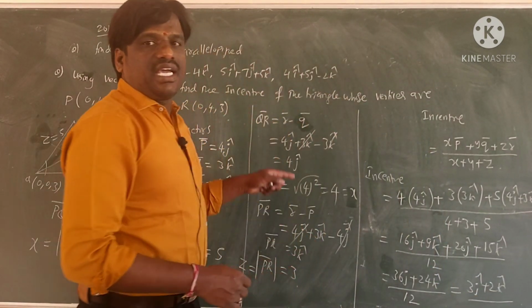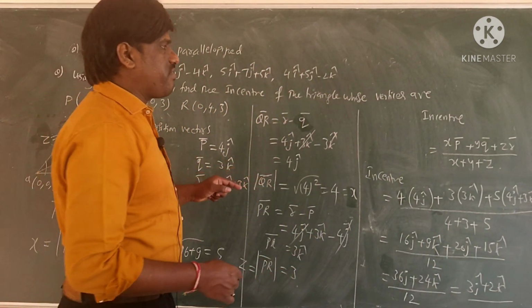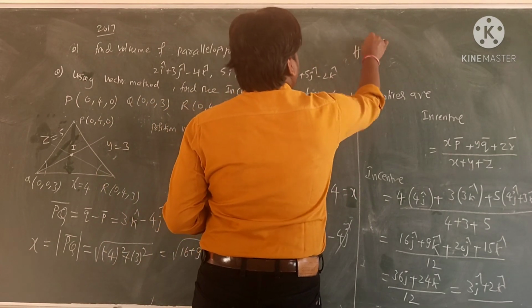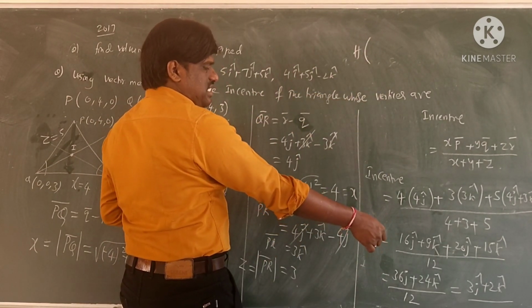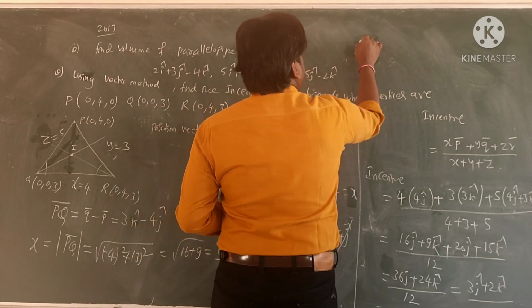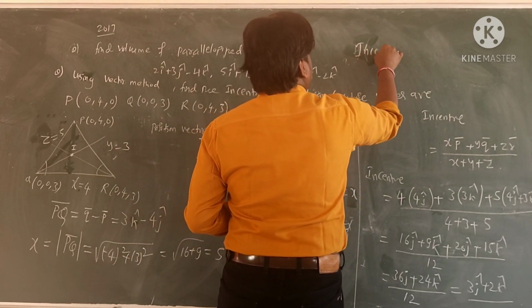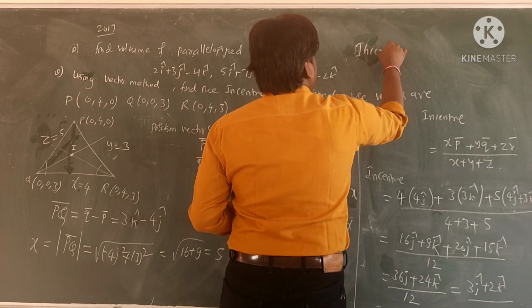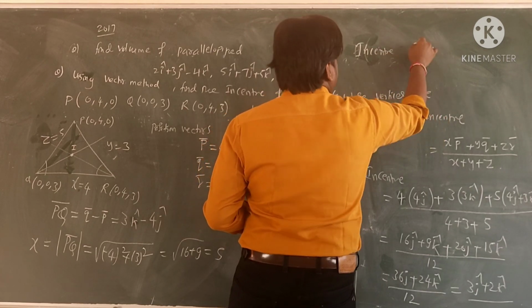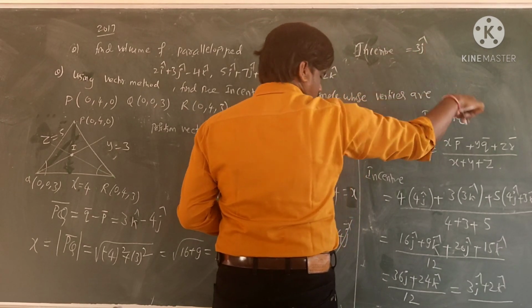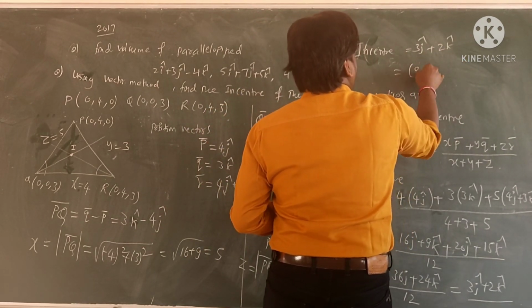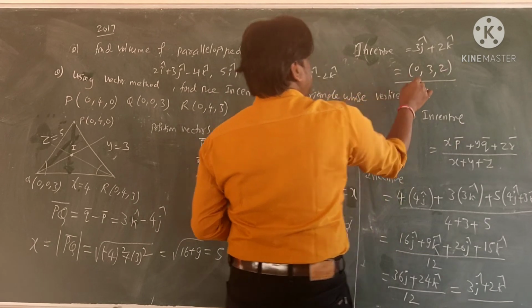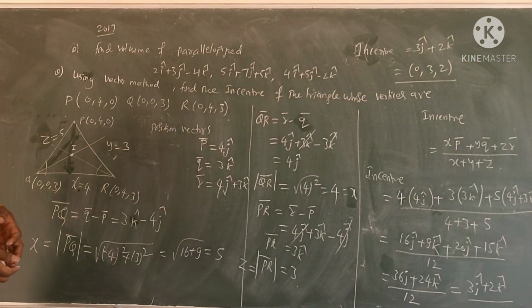So the incenter will be: I is 0. See here, you got the incenter equal to 3j plus 2k cap. It means the incenter will be 0, 3, 2. That is the answer: 0, 3, 2.